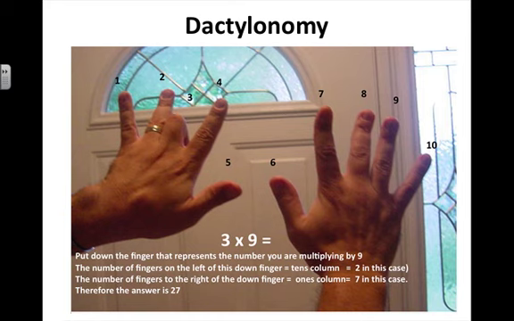So there's 2 fingers to the left of the down finger. 1, 2. So that's going to be your tens column, or 20. The answer is going to be 20 something. And then if we count all the fingers to the right of the down finger, we're going to find out that we have 1, 2, 3, 4, 5, 6, 7. And that becomes your ones column. So ultimately the answer is 27.